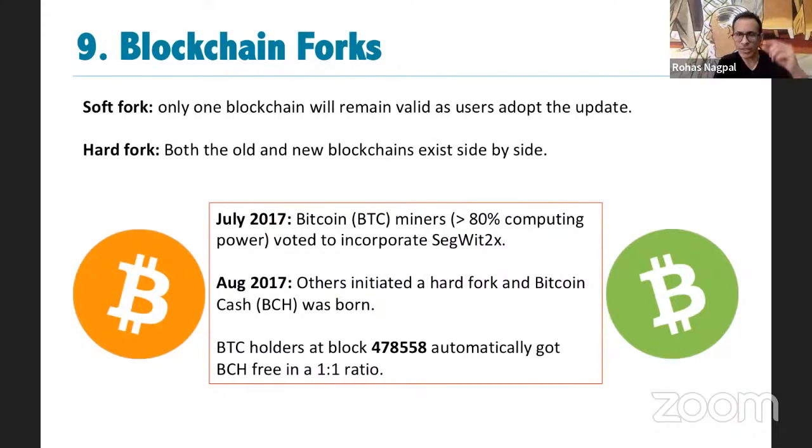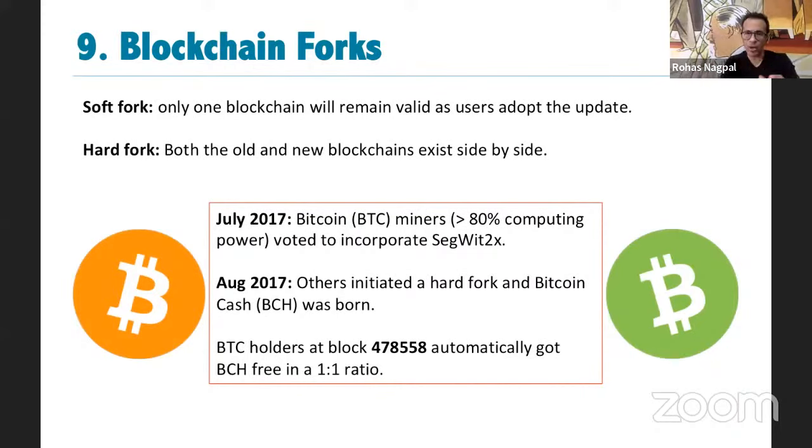So the Bitcoin Cash example I gave you earlier: in July 2017, Bitcoin miners representing more than 80% of the computing power said, let's incorporate SegWit technology, segregated witness, a technology to make Bitcoin more scalable. Many people said no. So on 1st of August 2017, these people who did not want the tech upgrade initiated a hard fork and Bitcoin Cash was made.